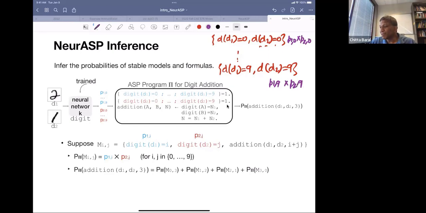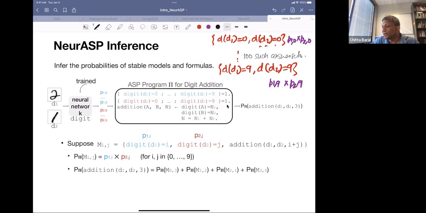So we have 100 such answer sets, each with its probability.